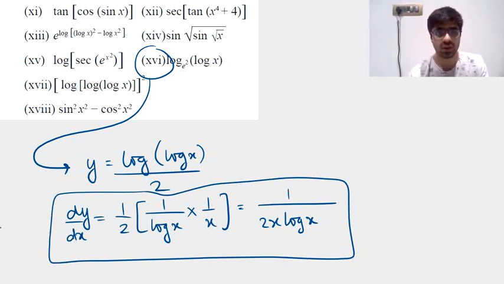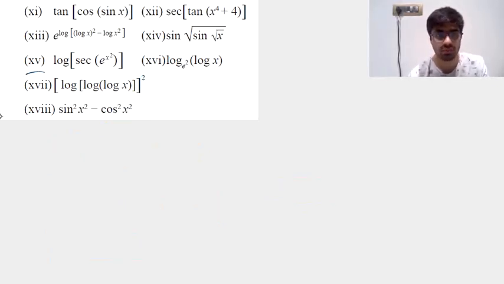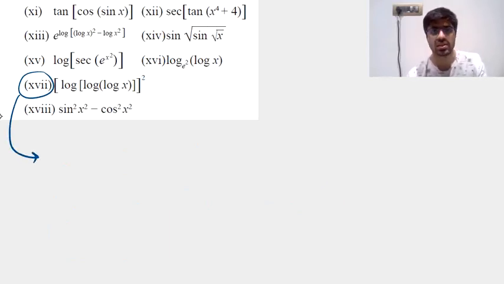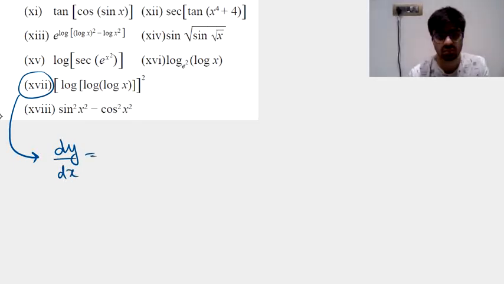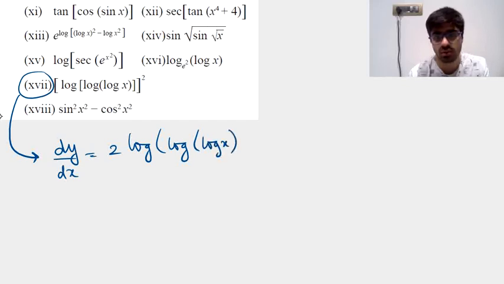Let's continue with the 17th sum. It's a similar one, but this time it is x square, and following this, all the terms will be in log only. So dy by dx will be 2 times log of log x, multiplied by the derivative of what you had in place of x.